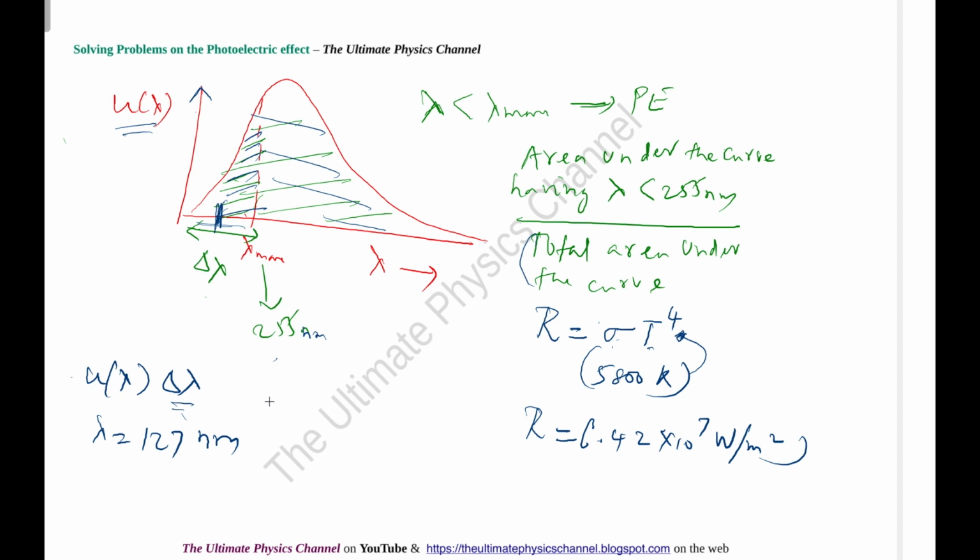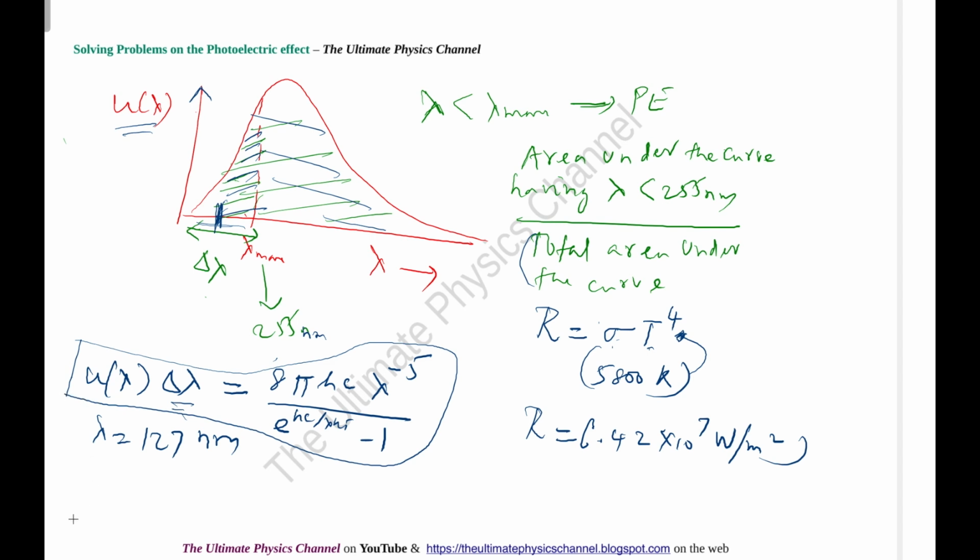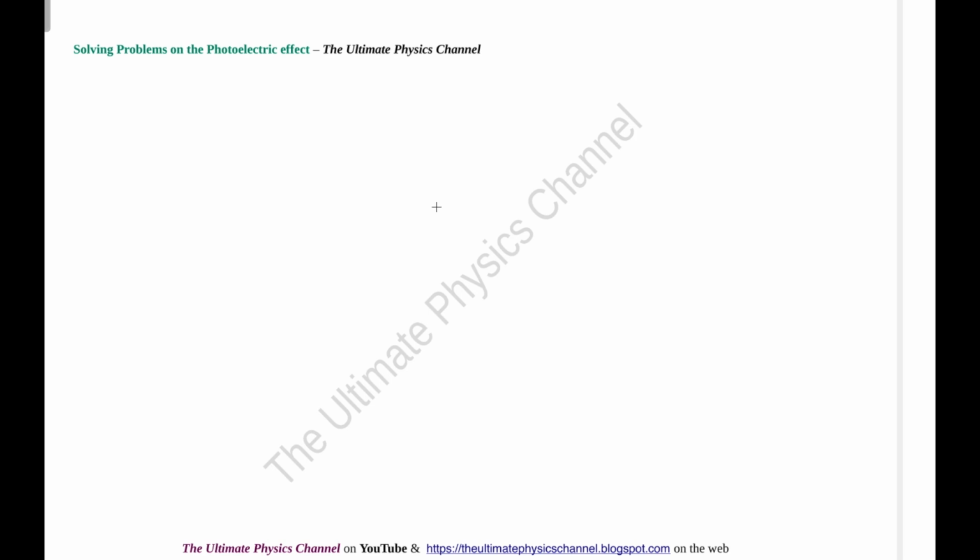we know that this u lambda del lambda is from Planck's formula. We can write it as 8 pi hc times lambda power minus 5 over e hc lambda kt minus 1. This is Planck's law. So using Planck's law, we can calculate the energy density over this particular range, the spectral energy density, and that can be used to calculate the numerator here, right?